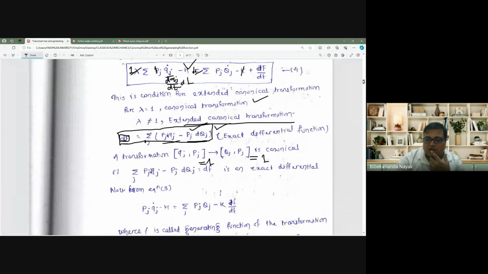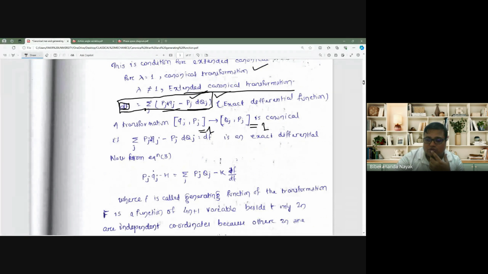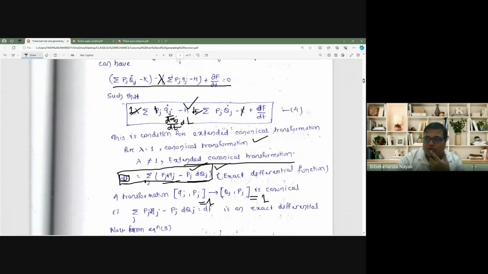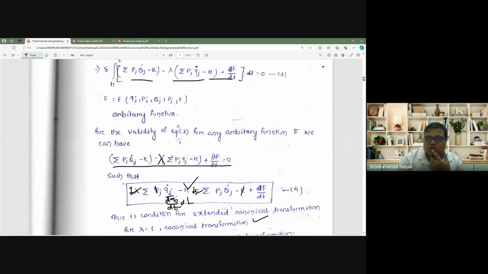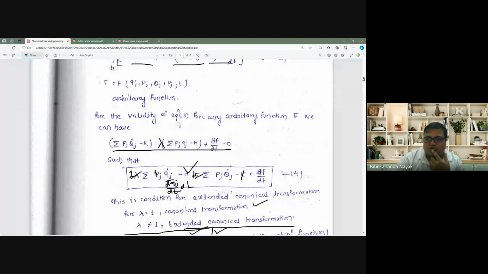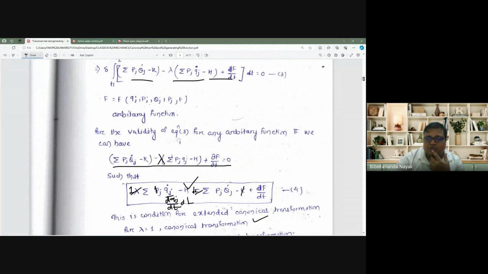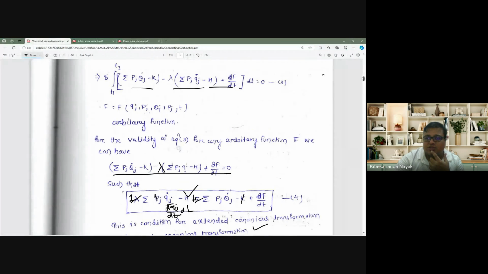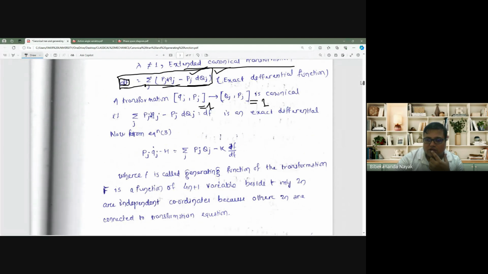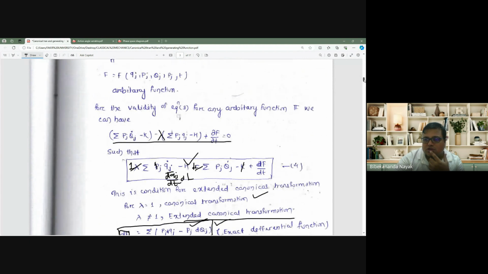Okay. So equation 3 gives the equation for canonical transformation, lambda equal to 1. So we got the sum over Pj Qj dot is equal to the sum over small pj qj dot plus df by dt.